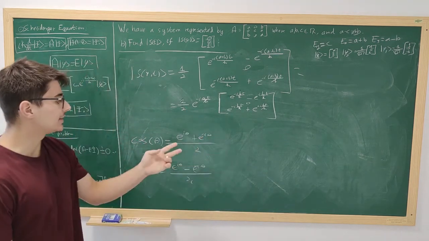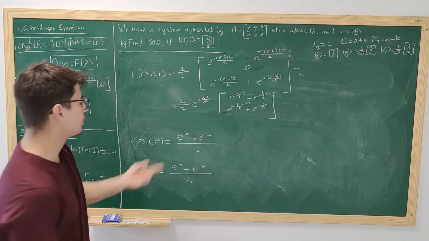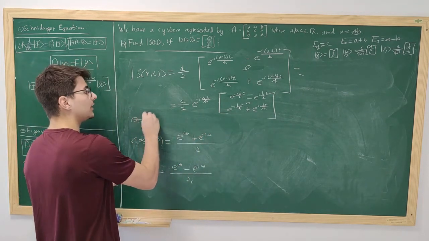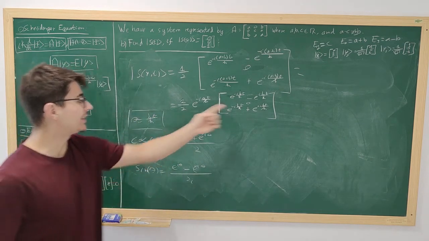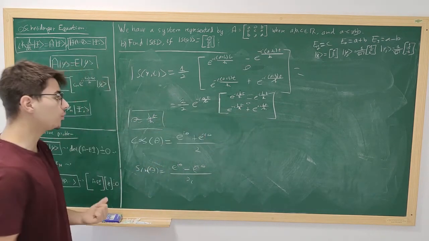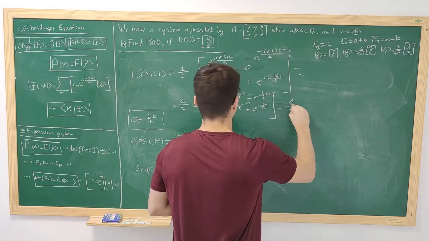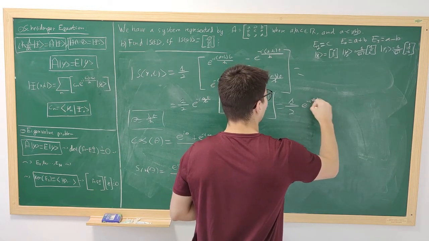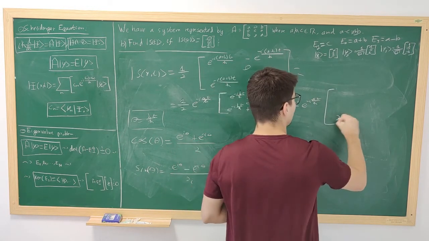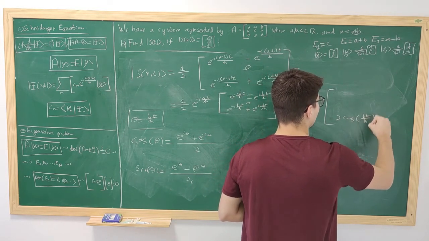So we can rewrite this in terms of cosine and sine. If we call theta equal to b t over h bar, we have that this is twice the cosine, and we have 1/2 e to the minus i a t over h bar of twice the cosine of b t over h bar.